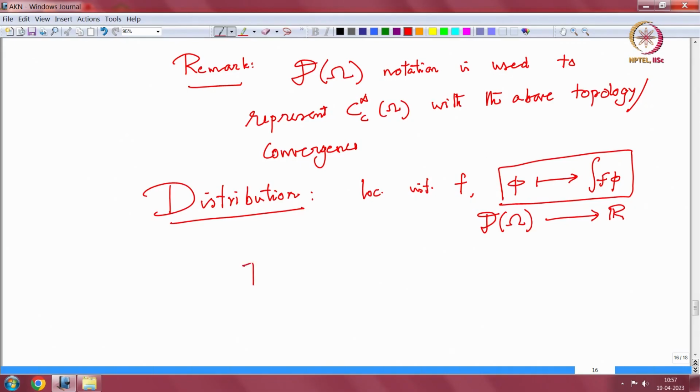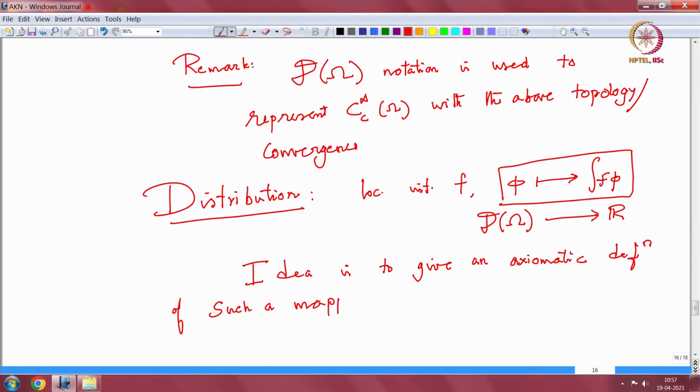The idea is to give an axiomatic definition of such a mapping, by looking into the properties of the association.